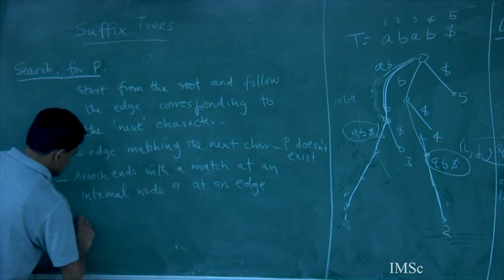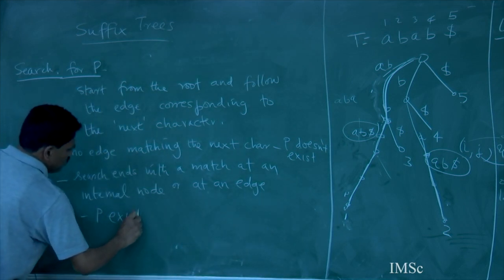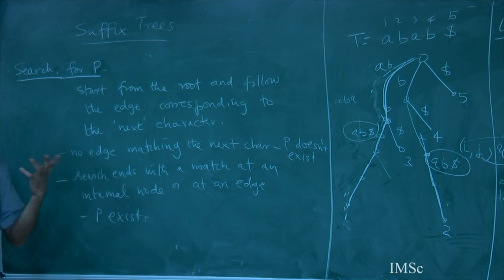Then P exists, but suppose now I want to know all the occurrences of the pattern. Where all do you have this pattern existing?